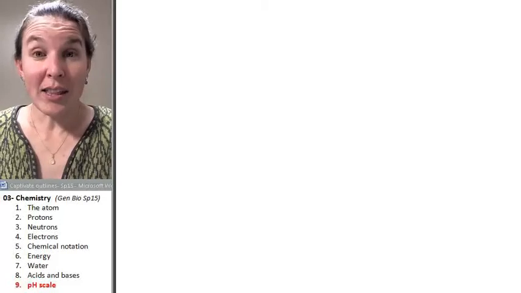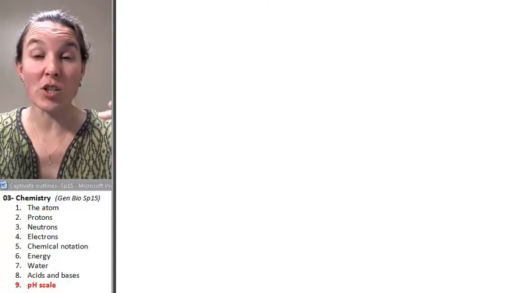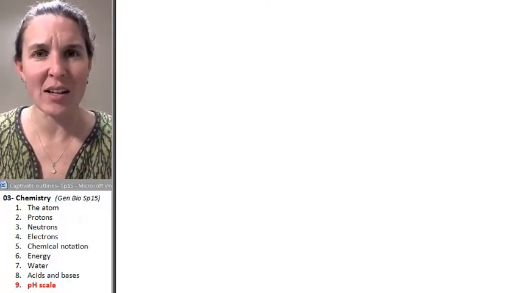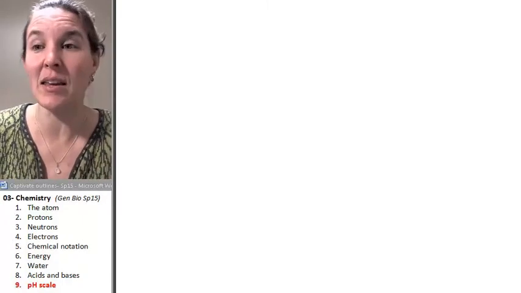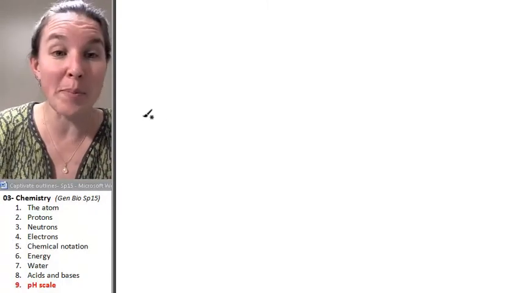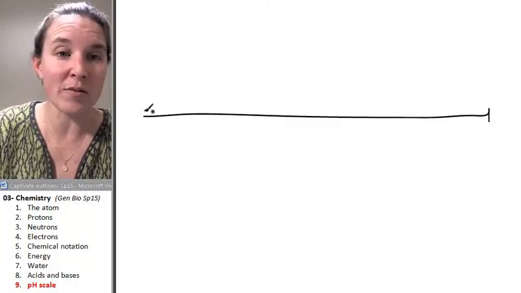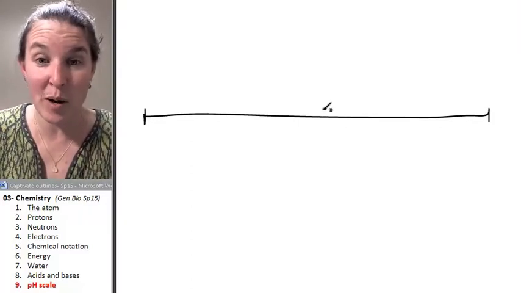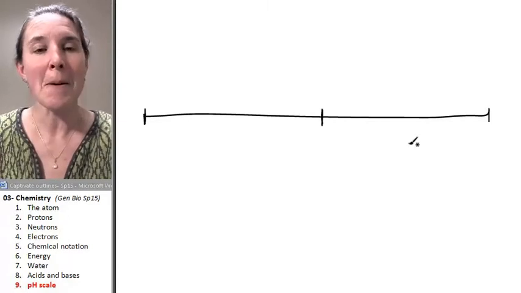Okay, let's look at the concept of pH in reference to this idea of hydrogen ions and the concentration of hydrogen ions, and acidic things and basic things. We're going to start out by making a scale. Go ahead and draw yourself a polarized scale, with a center line in the middle to distinguish between the ends.